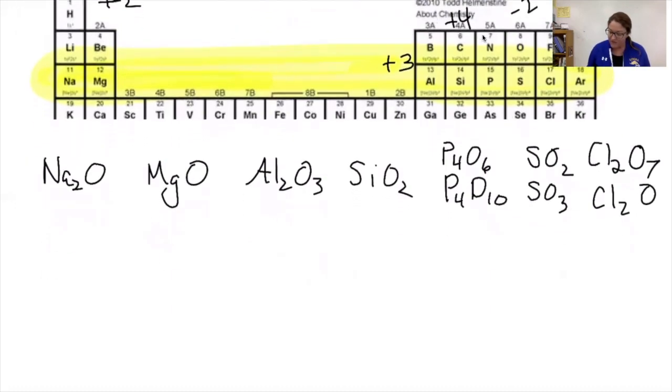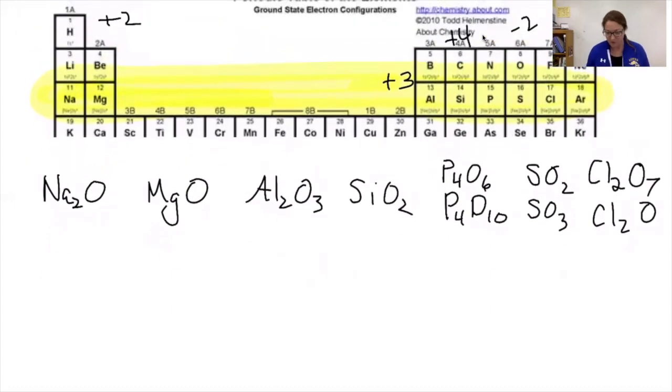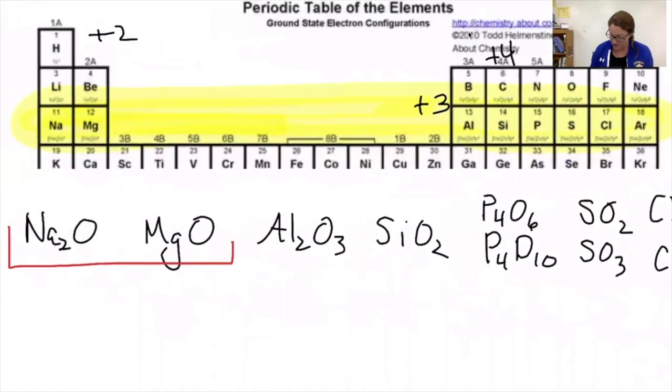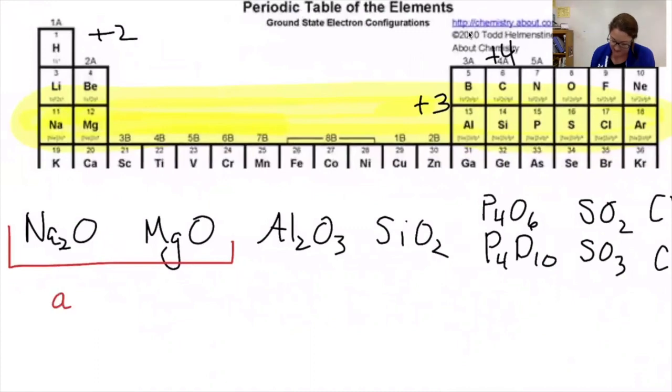In terms of whether they're acidic or basic or amphoteric, we're going to approach it this way. For the metal oxides, these two anyway, when they react with water, they're going to form a base.